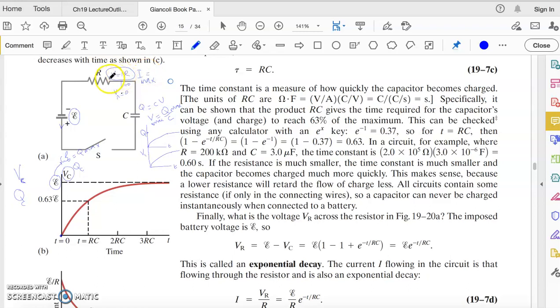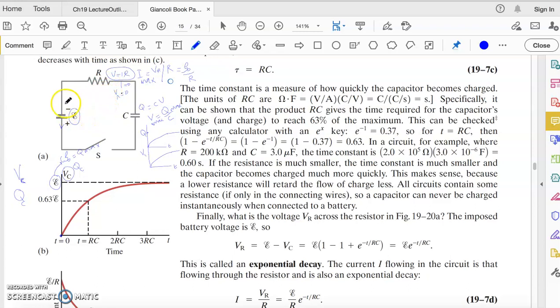That maximum current will be the voltage across the resistor divided by the resistor value. What is the voltage across the resistor at that moment? It is the voltage of the power supply. So it's the maximum divided by R. The maximum current happens when we just close the switch, because there is nothing going on here. We don't have charge yet, so it's as good as we don't have the capacitor, but of course it's connected, so we have a closed circuit.